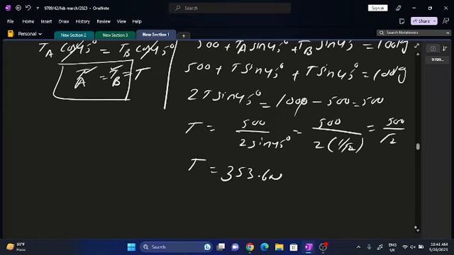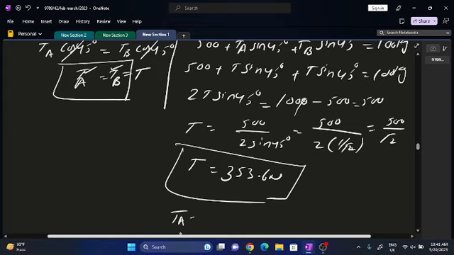That is the final answer for this part, because T equals TA and TB. So for both struts, the answer would be 353.6 Newton.